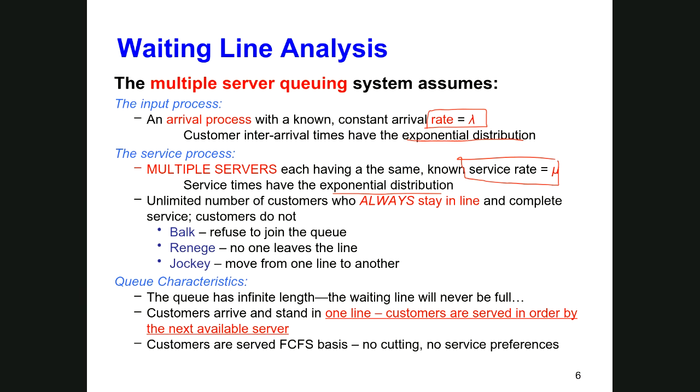Customers always stay in line as before. The queue has infinite length, no limit to the line. There's only one line. That is one of the key things. They're served by going to the next available server, first come, first served. So that's the only change, the fact that we have multiple servers.